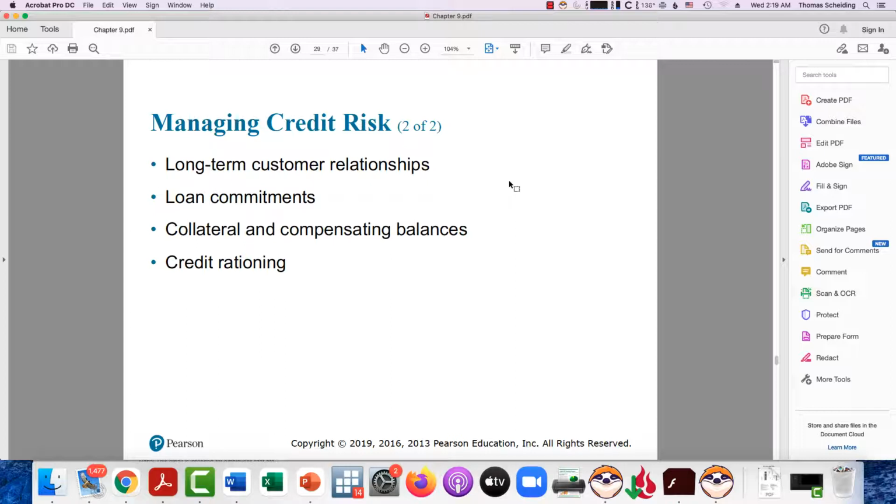You can also manage the credit risk by having long-time customers who have multiple types of accounts with your firm. And obviously, again, posting the collateral. If you can post 20% as a down payment, you're less of a credit risk because you've already put down a fifth of the money.